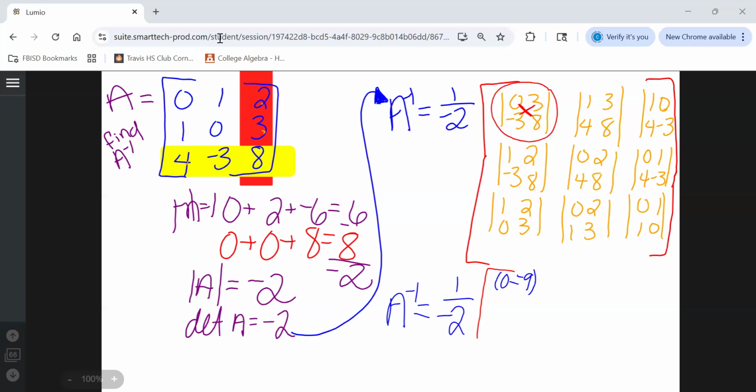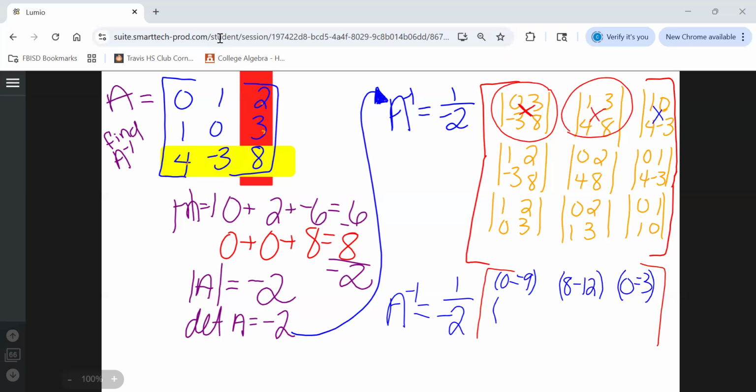We're finding this determinant. So we're going to have 1 times 8, which is 8, minus 4 times 3, which is 12. Last but not least, we're going to have this determinant, 4 times 0, which is 0, minus 1 times -3, which is -3. We're going to do the same thing with the next row.